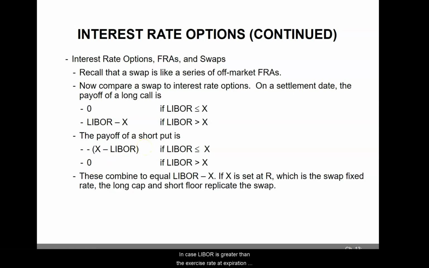So combining a long call with a short put on interest rate will give us a payoff of LIBOR minus the exercise rate. If we select the exercise rate such that it is equal to the swap fixed rate R, it will become LIBOR minus the swap rate.